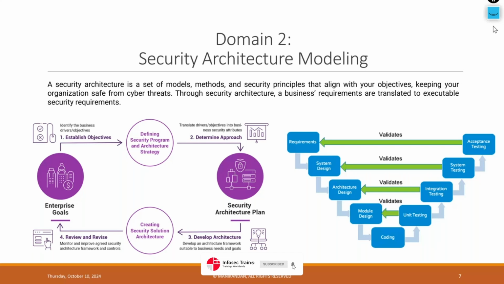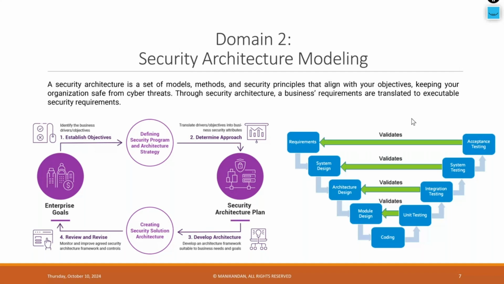Once we identify the security attributes, we build a security architectural plan where we develop an architectural framework which is going to suit the business needs and goals. And finally we review, revise and improve to help the organization achieve its vision and mission. That is what high level security architectural modeling is all about.